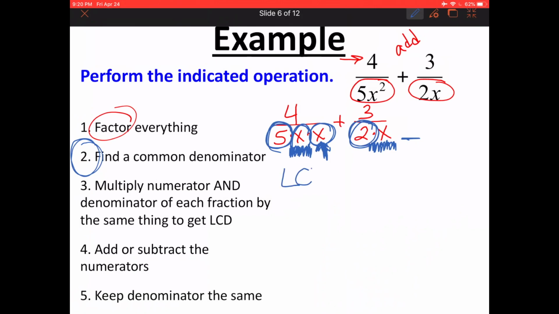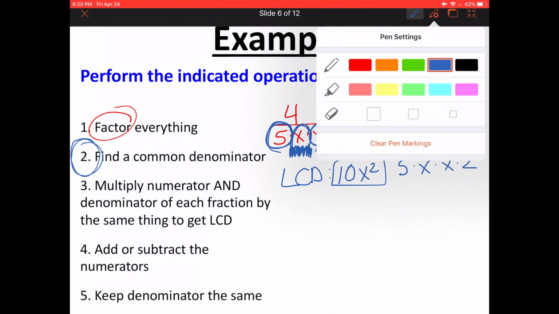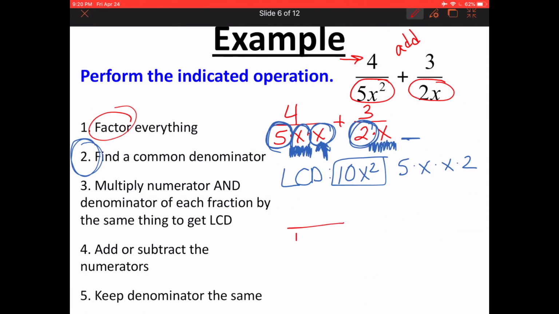So as of right now, my LCD is 10x squared, because I have 5 times x times 2. So that means I want both of the bottom of my fractions to be 10x squared plus something over 10x squared.